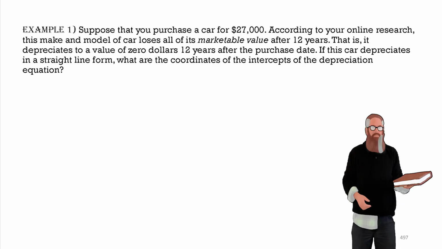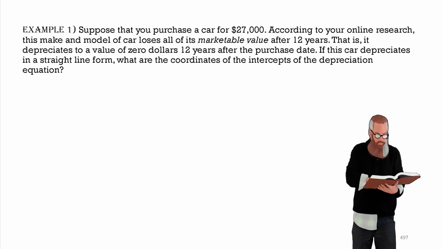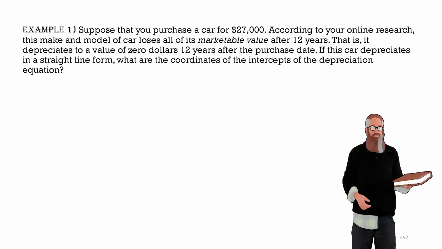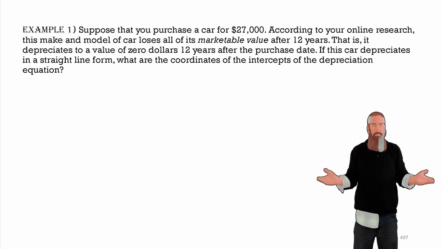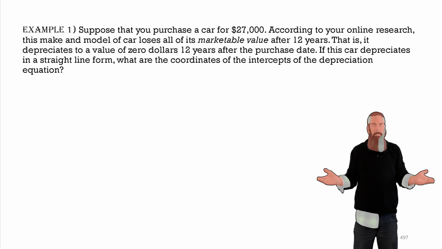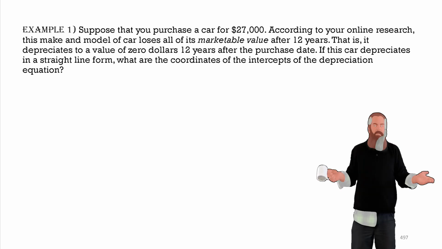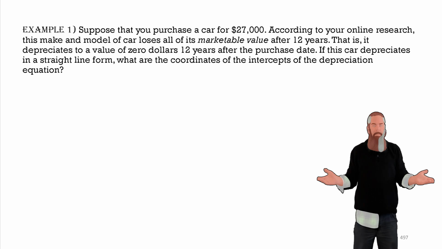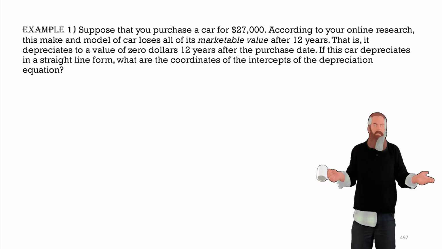So if we let x represent the time in years, the minimum x value is 0 years, the purchase year of the car. Because the car totally depreciates after 12 years, the maximum value will be 12. In a straight line depreciation equation, the coordinates of the intercepts are (0, max value of car) and (maximum lifespan, 0).